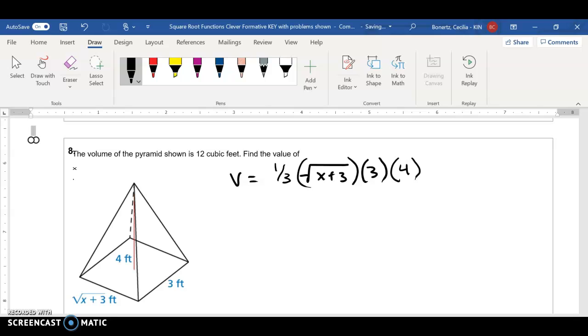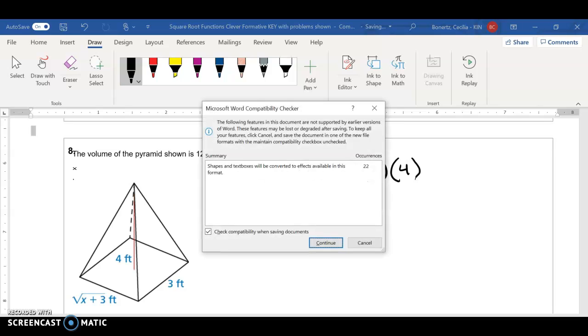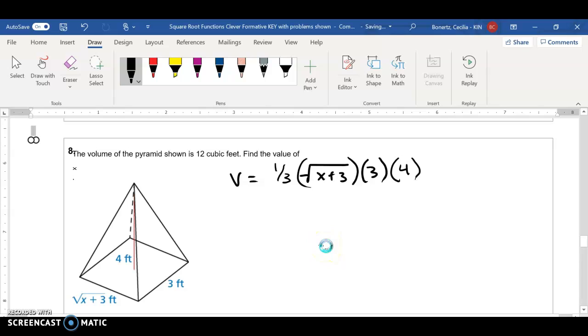So you might not remember where that 1/3 comes from, but when I teach this in my Math 7-8 class, we actually do some experiments to see that, in fact, it would take 3 of these pyramids to fill up that rectangular prism. So once I have this written, I also recognize that I want it to equal 12. So I'm going to set it equal to 12, and I'm going to do some simplifying here. So 3 times 4 is 12. 12 times 1/3 is 4.